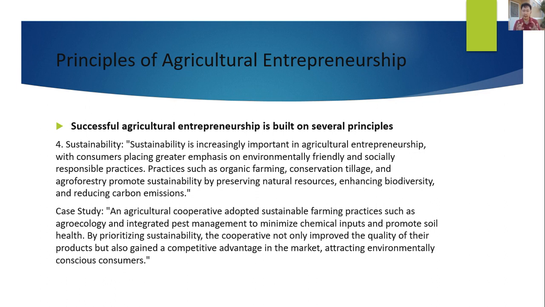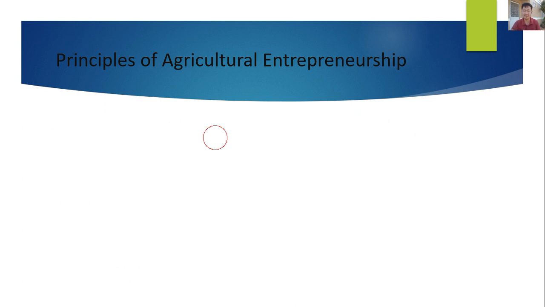An agricultural cooperative adopted sustainable farming practices such as agroecology and integrated pest management to minimize chemical inputs and promote soil health. And by prioritizing sustainability, the cooperative not only improved the quality of their products, but also gained a competitive advantage in the market, attracting environmentally conscious consumers.